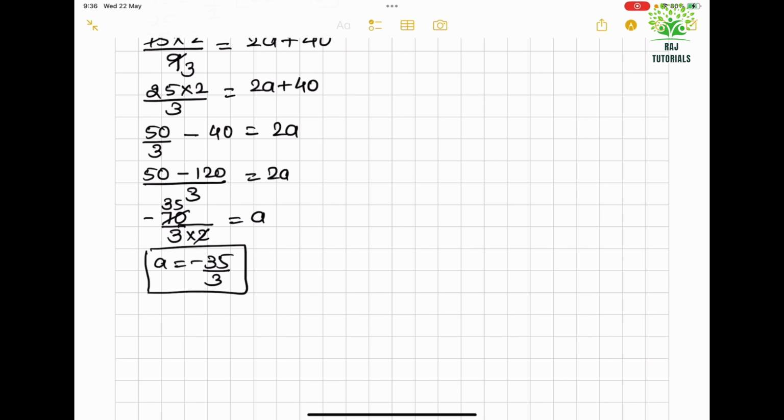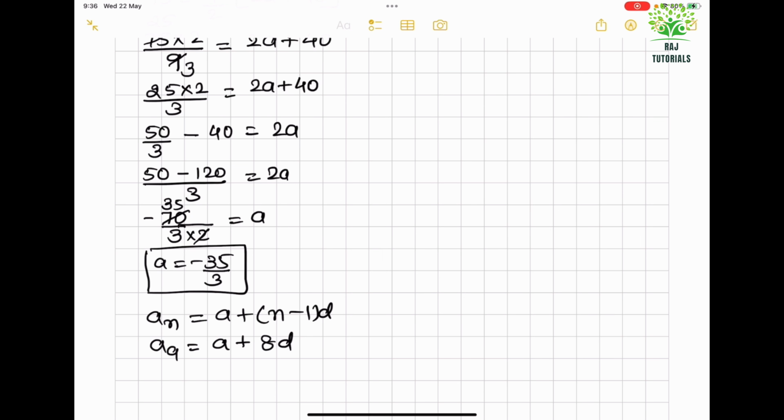Now I got value of a, I know d and I know n also. So I have to find an equal to a plus n minus 1 d. Now a9 will be equal to a plus 8d.